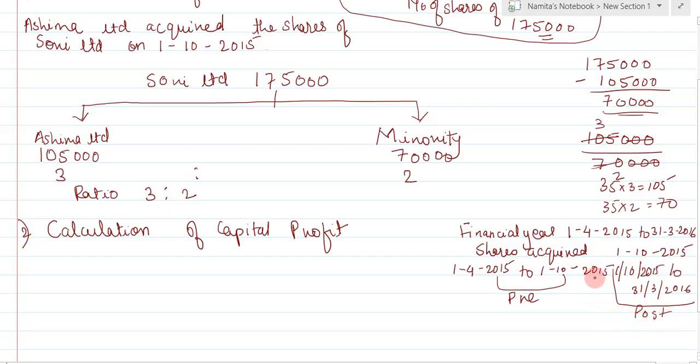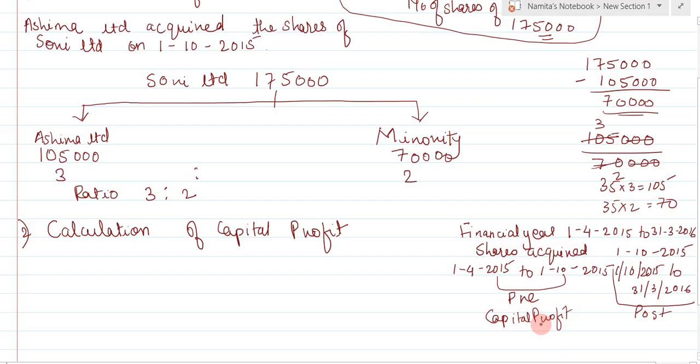So before the acquisition date, meaning before 1st October, from 1st April 2015 to 1st October 2015, whatever is the profit will be called capital profit.